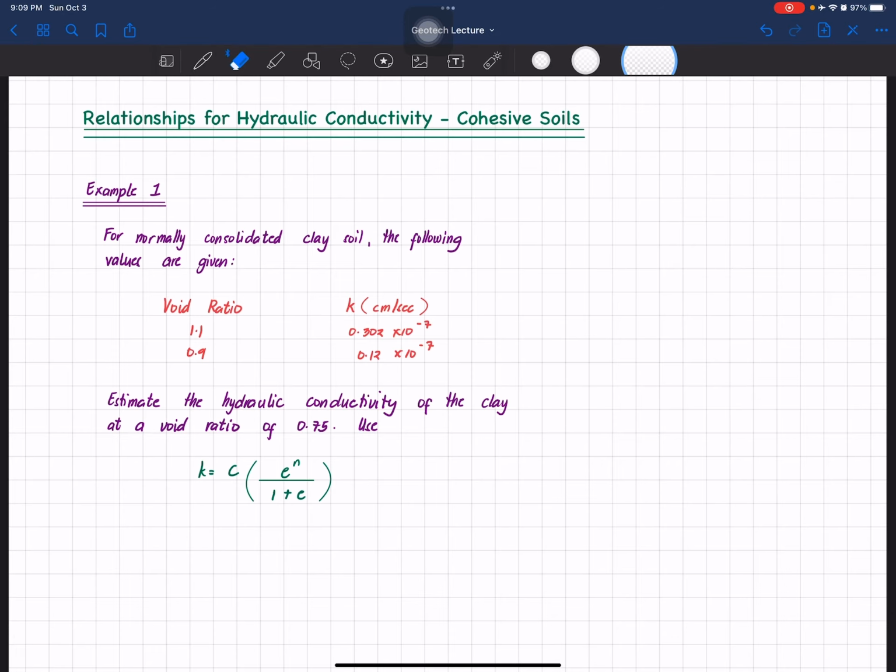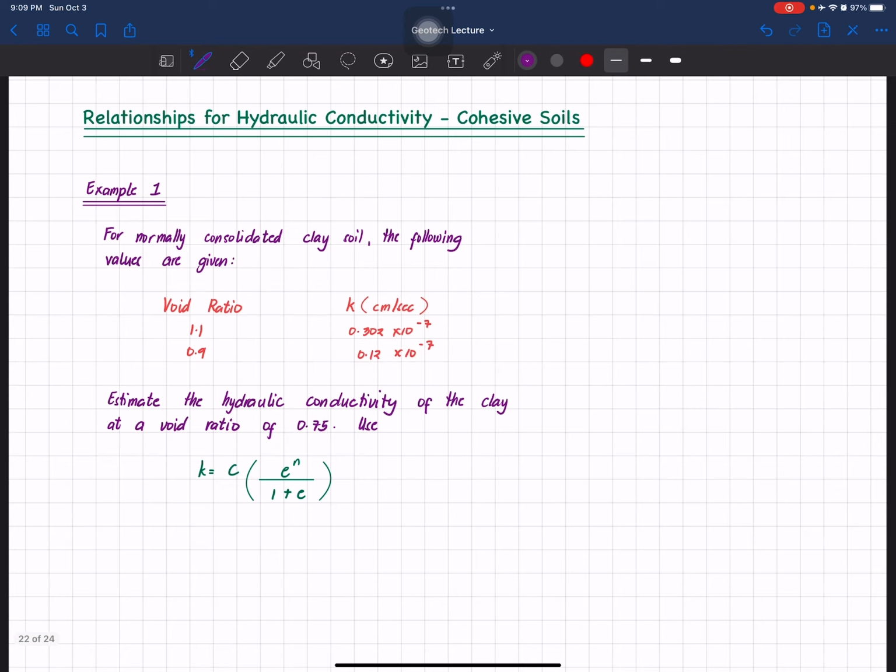Okay, so we'll just focus on this formula. So, it was mentioned earlier, guys, doon sa LMS, na yung C natin and N natin are constants to be determined experimentally. Pero in this case, paano natin siya i-determine? So, meron siya guys binigay na void ratio and yung kanyang hydraulic conductivity at that specific void ratio.